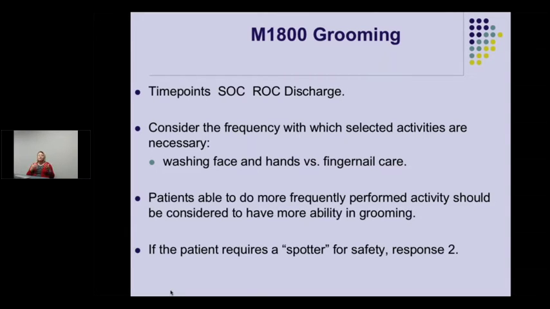You do that more often, probably every day, as opposed to fingernail care, which may be done once a week. Patients able to do more frequently performed activities should be considered to have more ability in grooming. If the patient requires a spotter for safety, though, you need to mark response 2.